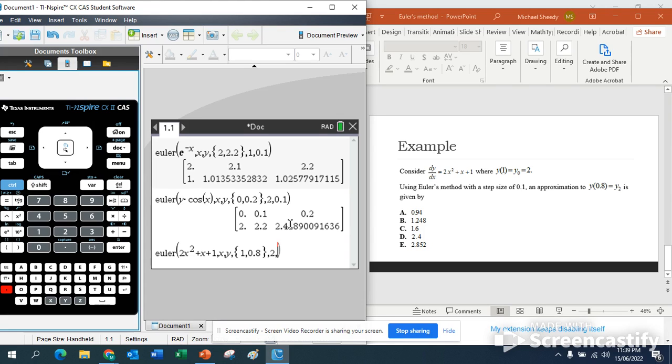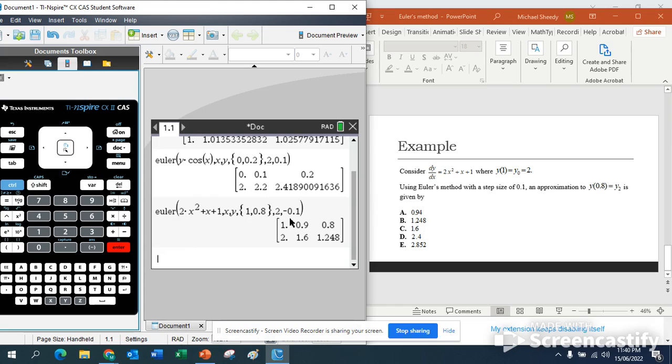So when we input the step size, we need to make that a negative. So we go down. We subtract the 0.1. We go from 1 down to 0.9 and then finally down to 0.8. If we forget the negative here, you'll end up with an incorrect answer. So step size in this particular example is negative 0.1.